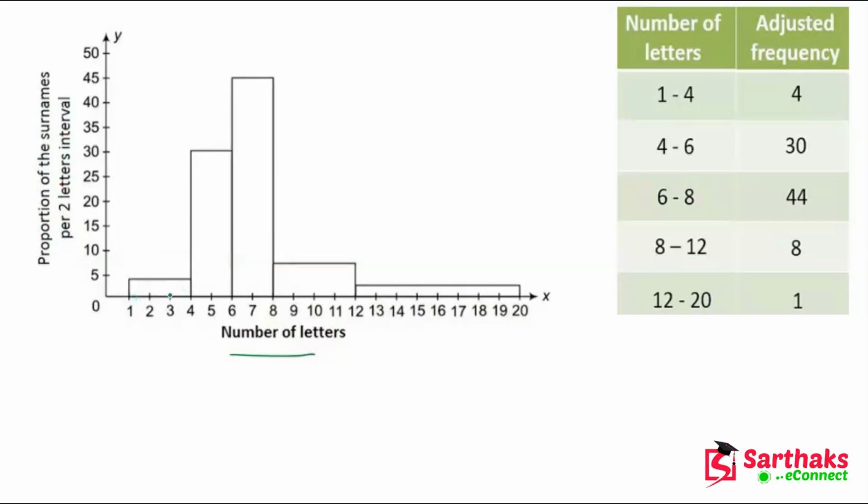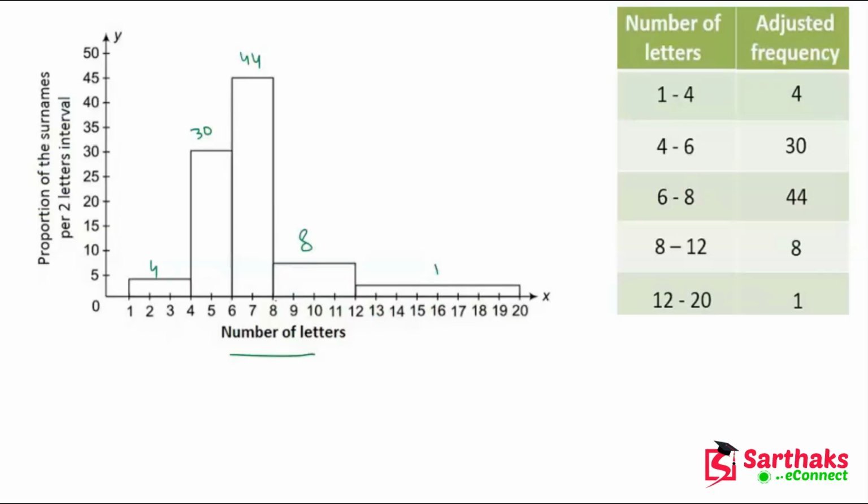Between 1 to 4 there are 4 surnames. Between 4 to 6 we have 30. Between 6 to 8 we have 44. Between 8 to 12 we have 8. And between 12 to 20 we have 1.